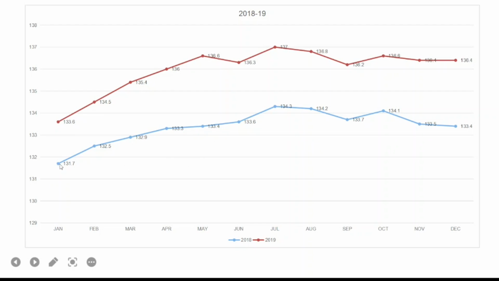These numbers, as I showed you, are coming from the Stats Canada website. So in 2018 and 19, you do see that these lines are almost parallel to each other, right? That's how you want to see your inflation or your CPI numbers, that they are kind of parallel to each other.